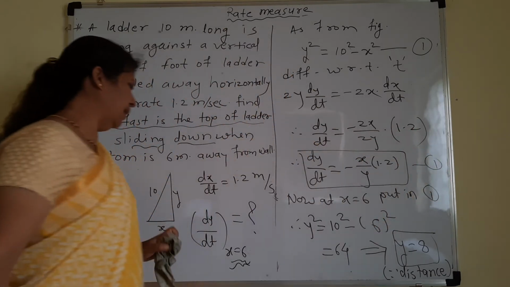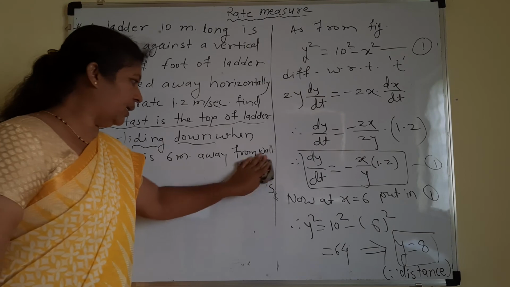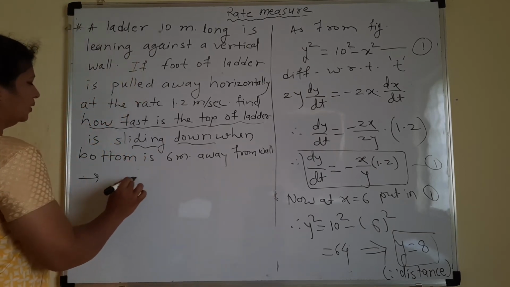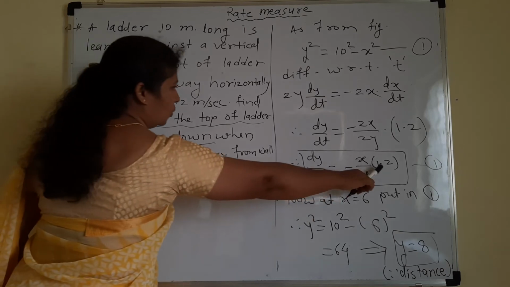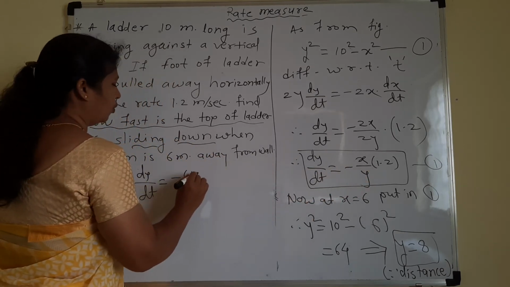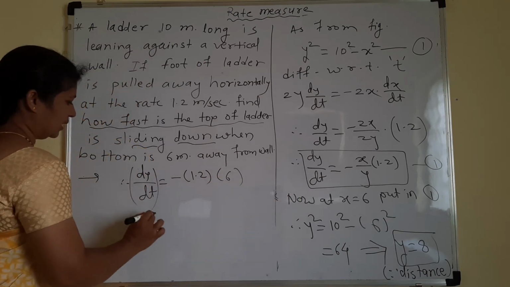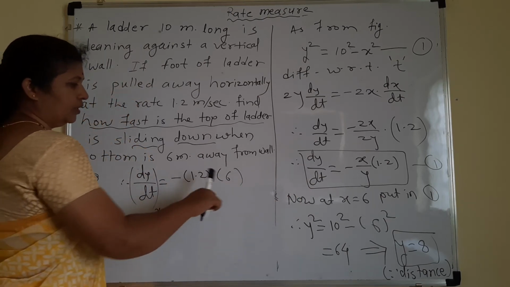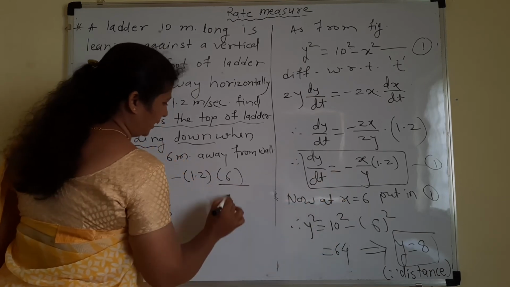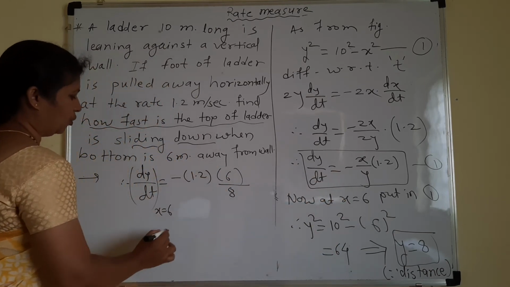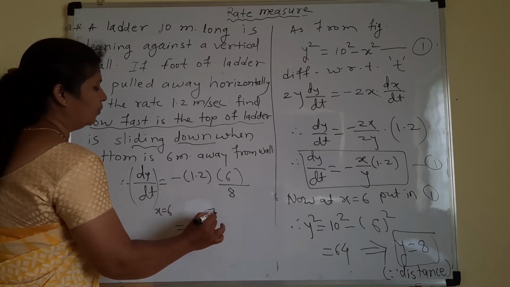So what will we get? dy by dt is equal to minus 1.2 into x is equal to 6 upon y is equal to 8, 6 upon 8.